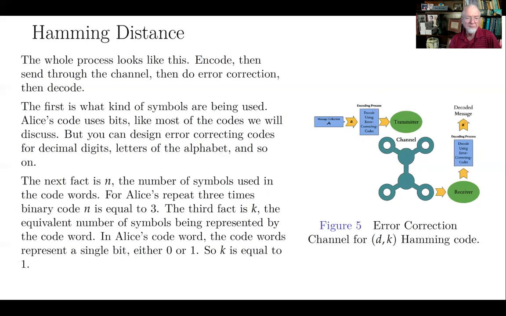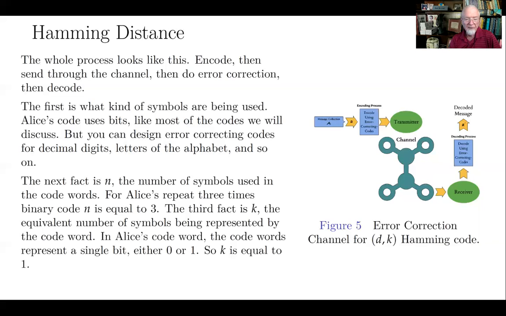Alice's codes use bits, and we almost always will be using bits, but you could use decimal digits, letters of the alphabet, etc. The number of symbols used in the code word, N, is important. For Alice's repeat-3-times binary code, N is equal to 3.